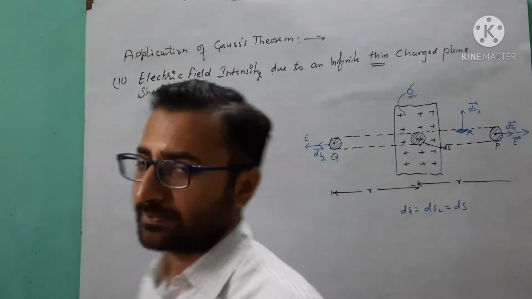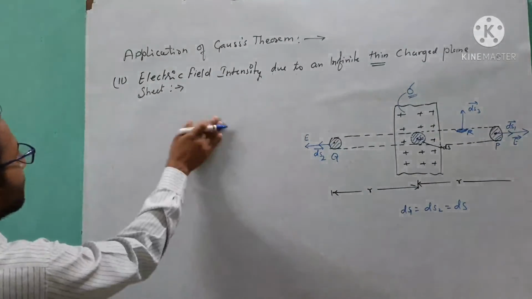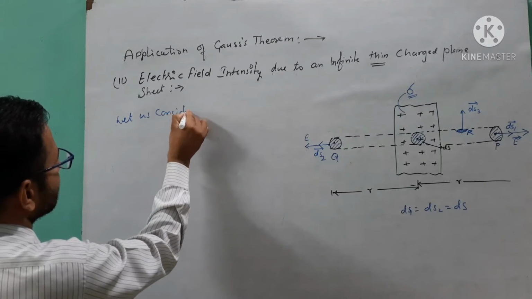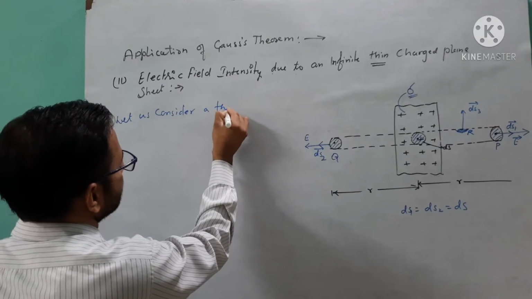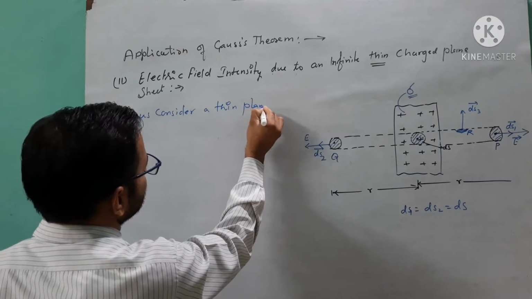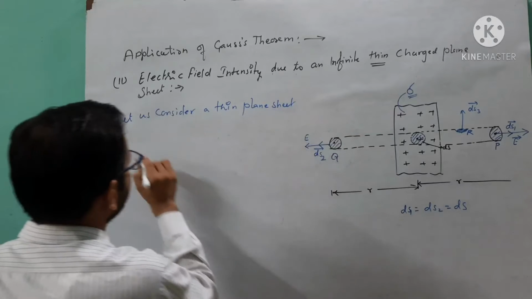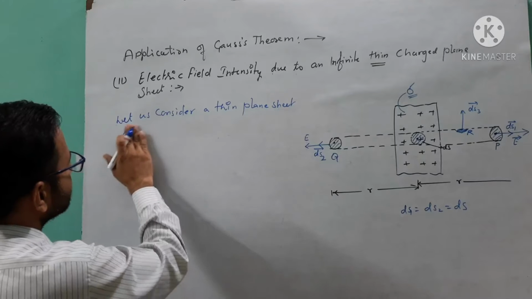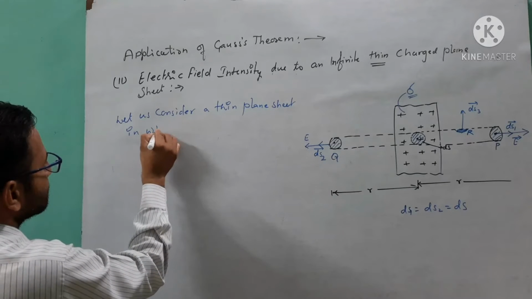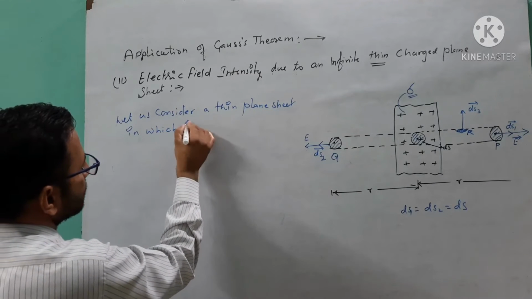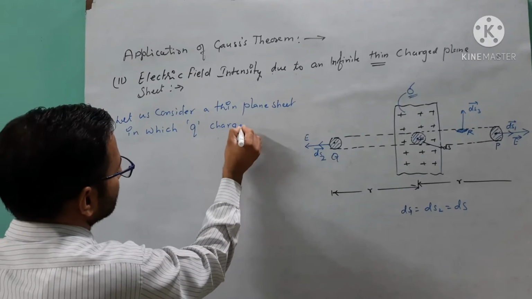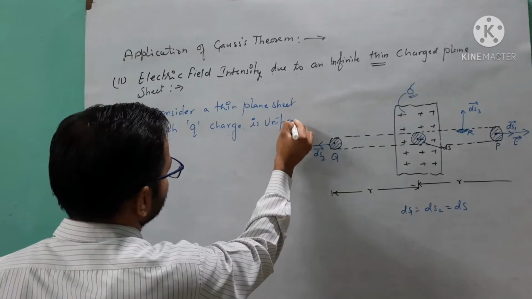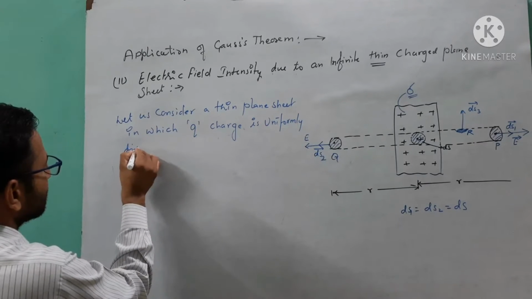Now see here. Let us consider a thin plane sheet in which charge Q is uniformly distributed.